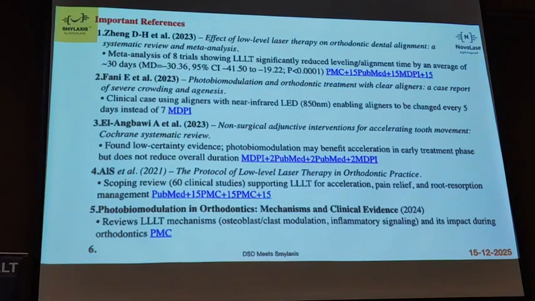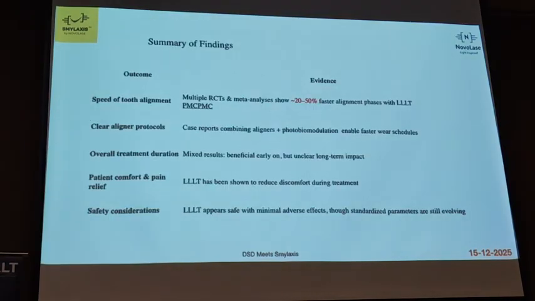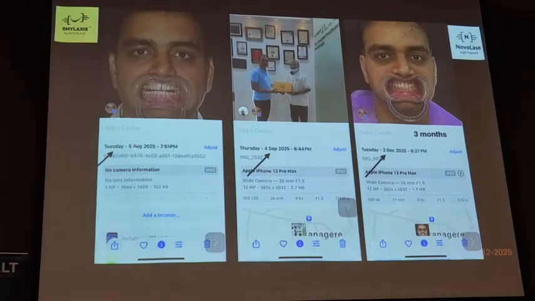And there are a lot of references here for the evidence of laser light on accelerated tooth movement. This is the summary, and these are a few case testimonials. You can see the screenshot also.